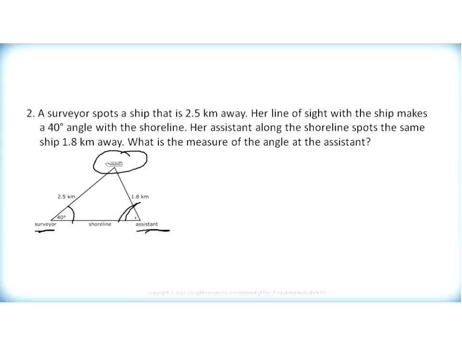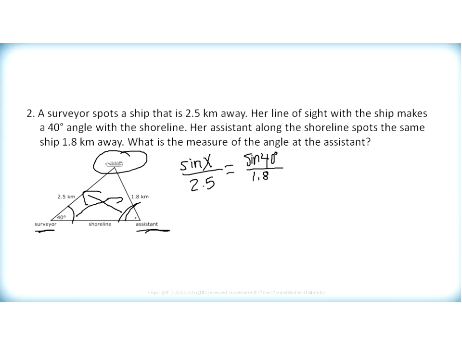We don't know how far away the surveyor and the assistant are, but we don't really need to. I'm going to call the unknown angle x. So I'm going to look for my opposite side, which is this one here, 2.5. So to find x, I write sine x over 2.5 is equal to sine of 40 degrees over the opposite side to the 40 degrees, which is 1.8.